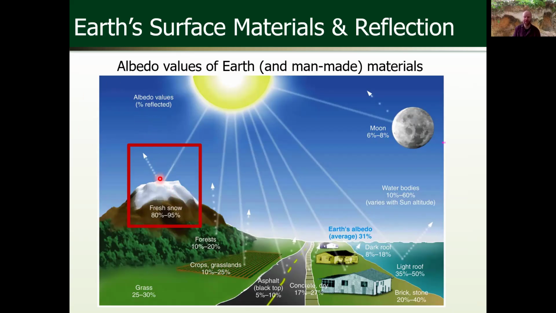Anyways, comparing snow to other materials, the opposite is something like blacktop, man-made asphalt, which actually absorbs 90 or 95%. So the albedo value is like 0.05 to 0.1, meaning 5 to 10% reflection and 90 to 95% absorption. That's the reason why blacktop can feel so hot in the summer.